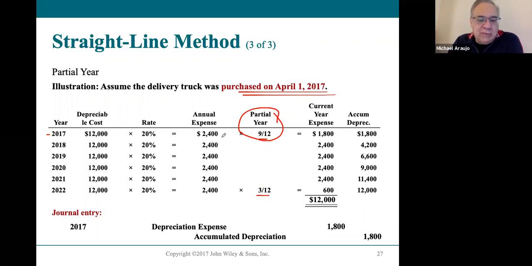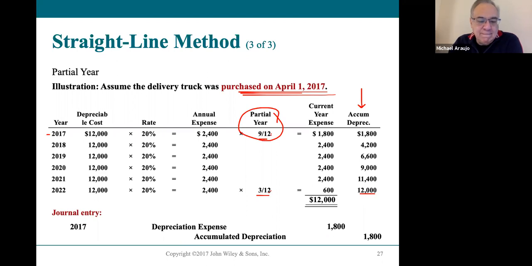You're still writing off 5 full years of depreciation, but you split one of those into 9 months and 3 months. You're still getting a full 5 years. No change. Cumulative depreciation will wiggle around a little bit differently until it reaches 12 grand, but it will eventually reach 12 grand for this truck.